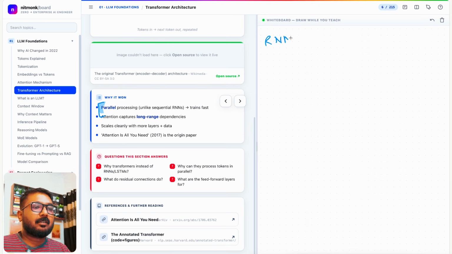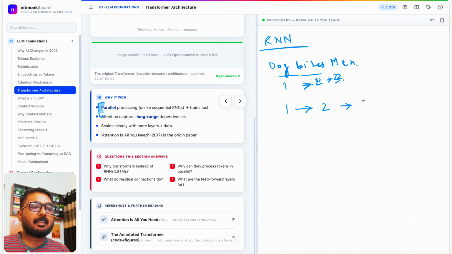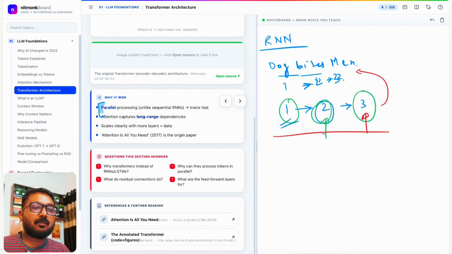In RNN, recurrent neural networks, what used to happen if I write dog bites men, correct? You have to understand this word first, then this word, and then this word. So basically one, two, three. First you have to understand dog, then bites, and then men. If I don't have one, then I won't have any idea about two, about bites, right? And if I don't have two, then I won't have an idea about three, the men. So that was a sequential framework in RNN, where we were trying to apply weights and biases.